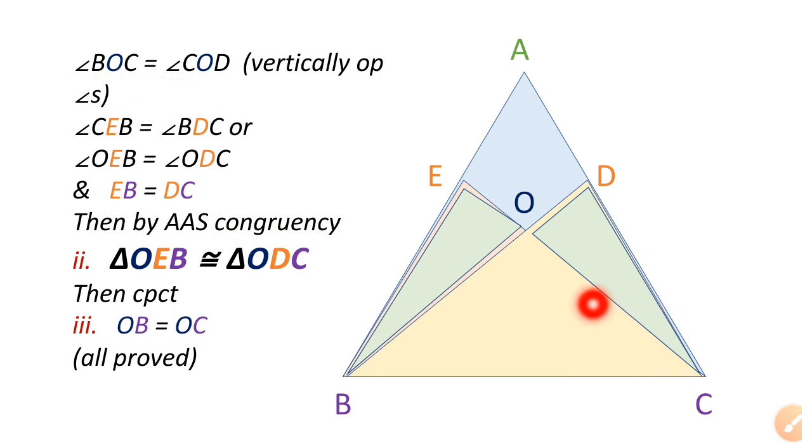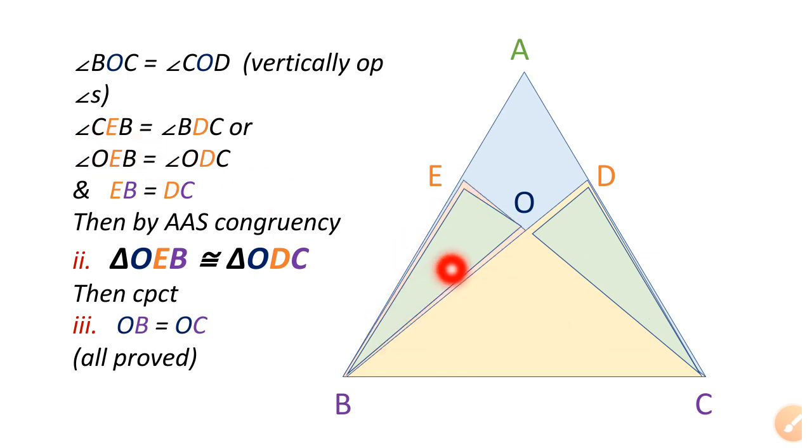They are vertically opposite angles. And this one, CEB is equal to BDC, that we found just earlier. I have shown you.